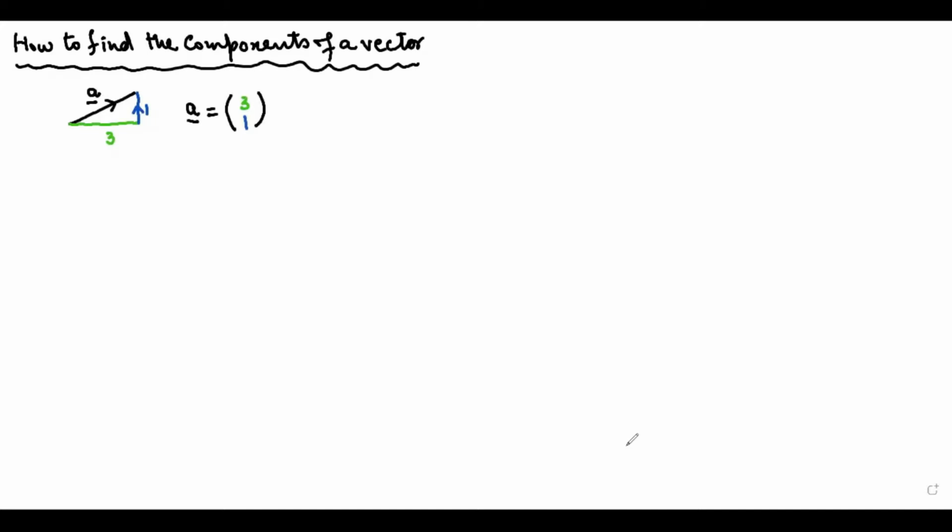Now we will learn more about the components of a vector. These components are at an angle of 90° with each other. I will elaborate this concept with the help of an example.